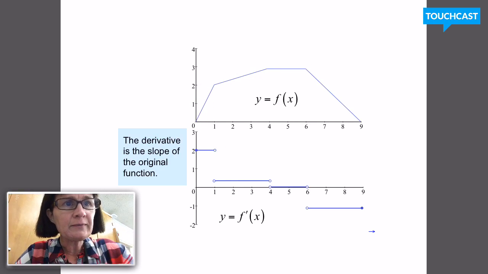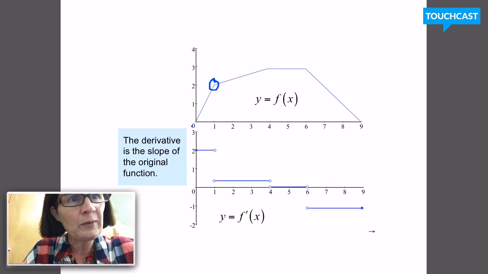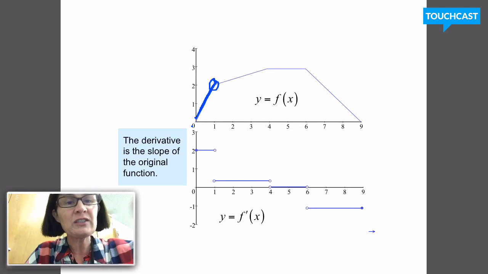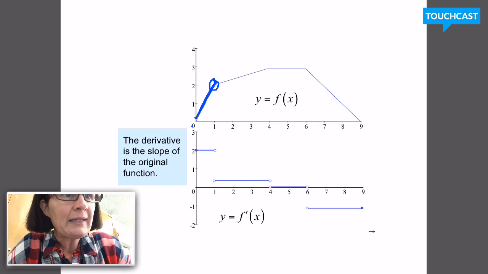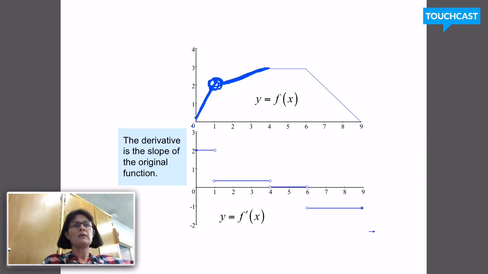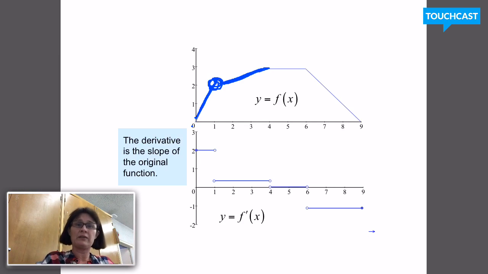For example, here, at the place where x equals 1, the derivative from the left means the slope as I was coming toward 1 from the left, which we said was 2. Well, the derivative from the right was the slope as I come in toward x equals 1 from the right, which we said was 1/3.